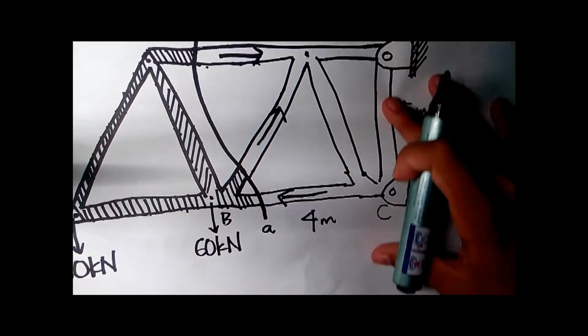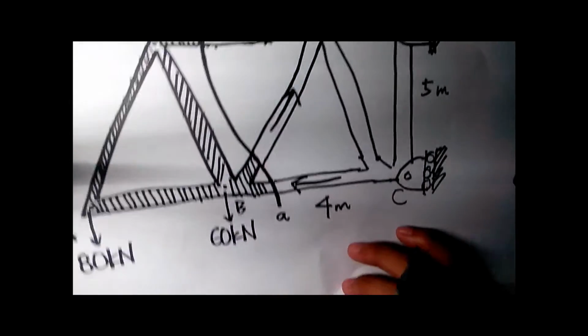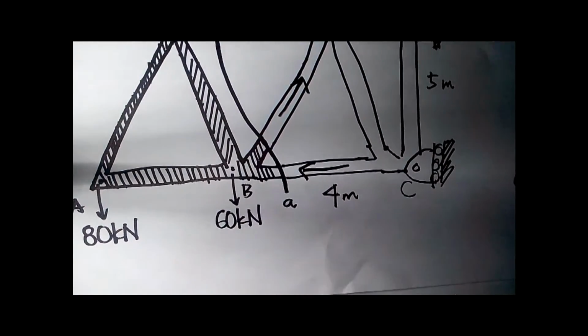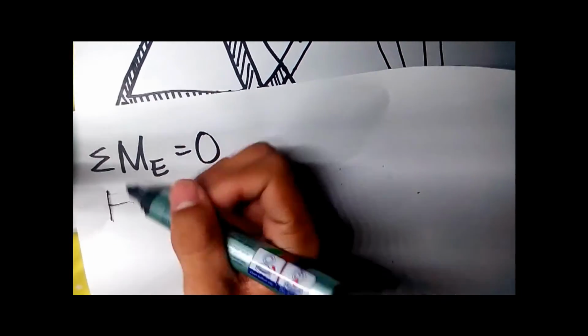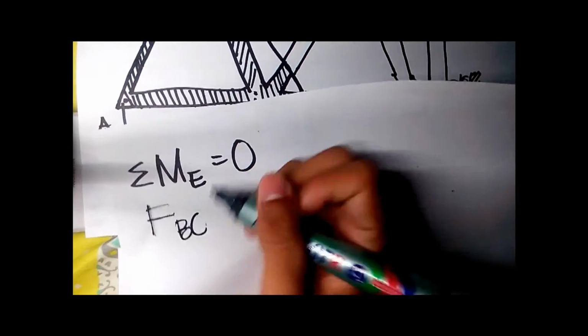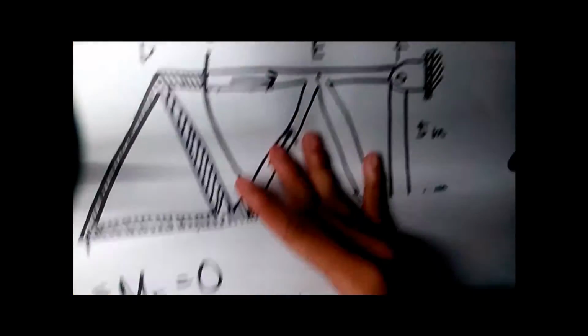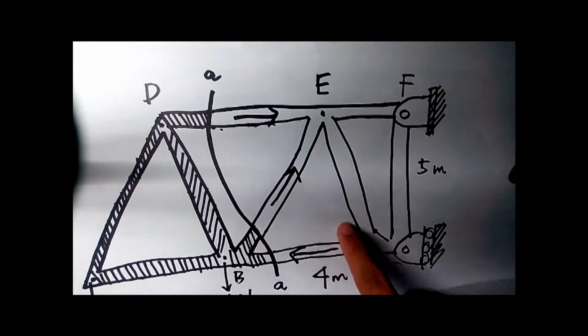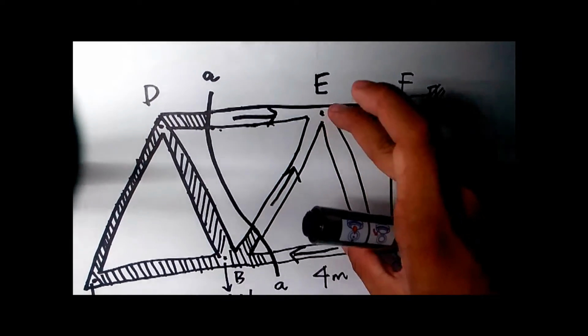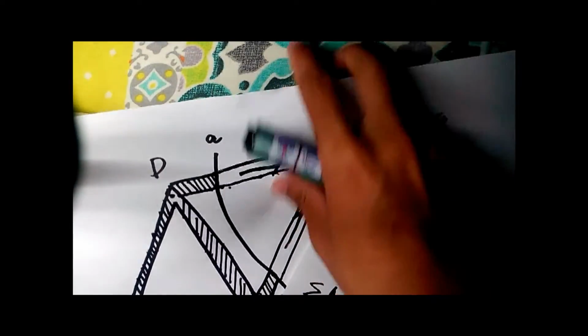Force times distance. Since we are finding BC, it is the force in BC multiplied by 5, the distance between BC and point E.